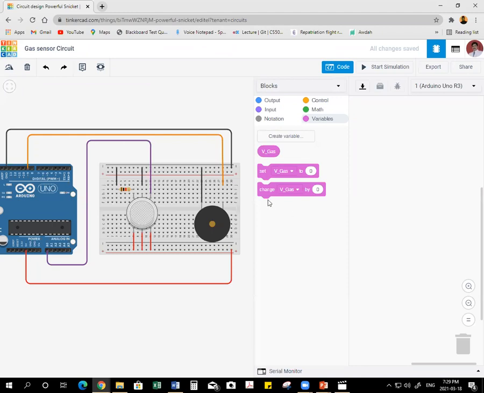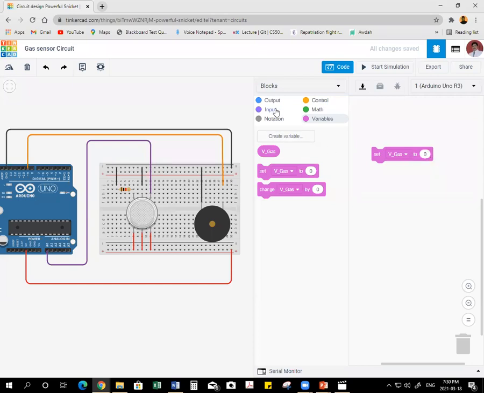Now we have to set V gas. From where are we getting the input for the gas? We are getting input from the gas sensor. Pin A0 we are getting as an input from the gas sensor. So we are setting V gas, which must be given from A0.